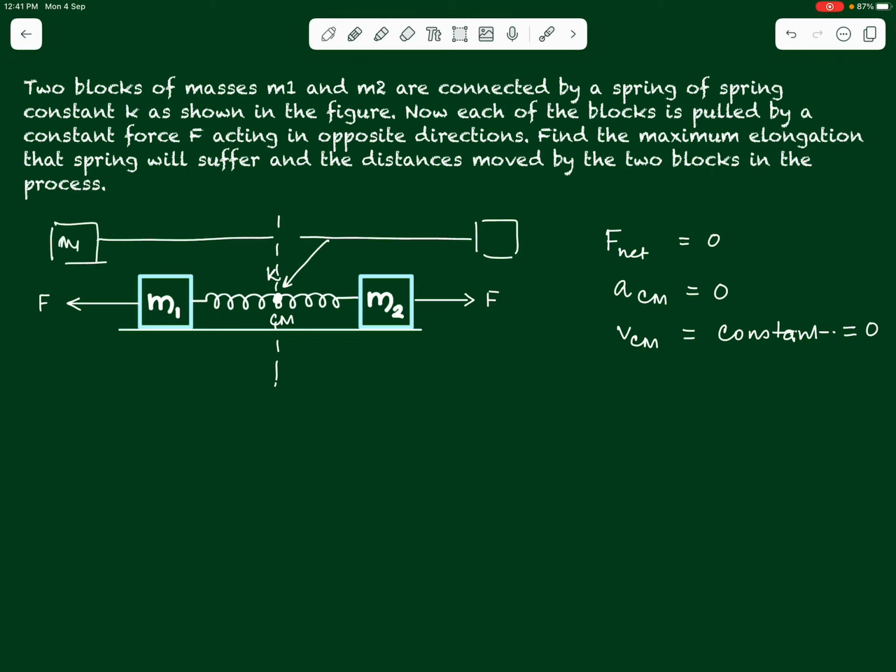M1 reaches somewhere here, M2 reaches somewhere here, such that the displacement of M1 is, let's say, x1 and the displacement of M2 is, let's say, x2. If we have to ensure that the center of mass does not shift in this process of the movement of the blocks, can we say M1 x1 should always remain equal to M2 x2? This is the condition for the center of mass to remain at its own place, right?